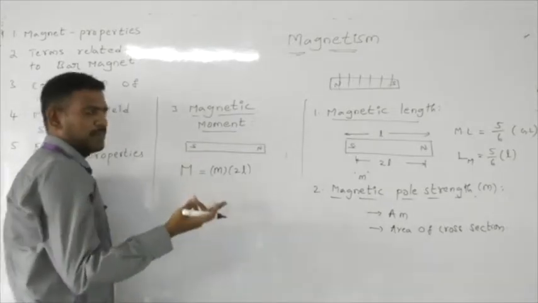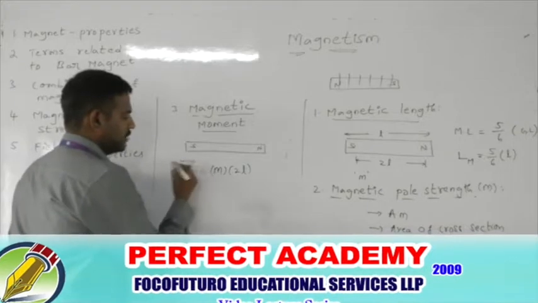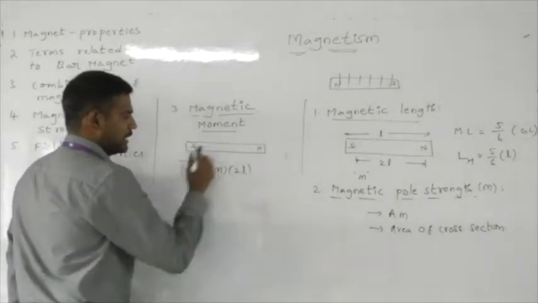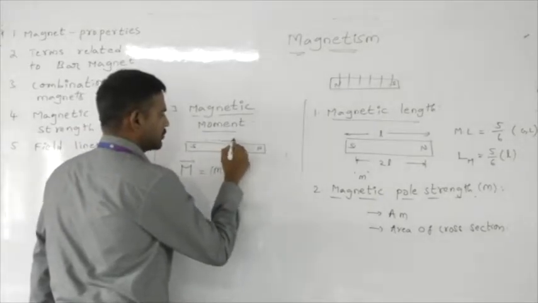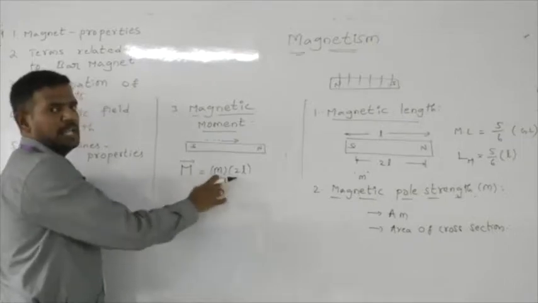And just like electric dipole moment is a vector quantity, the magnetic moment is also a vector quantity, whose direction is from south pole to north pole. So for this bar magnet, its value is nothing but m into 2L.